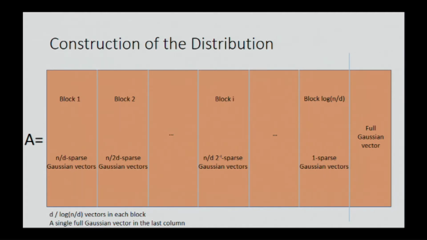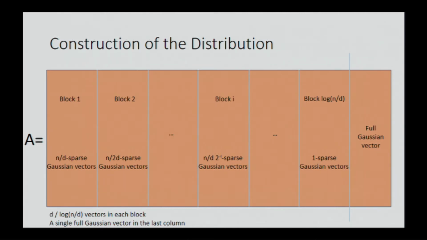In the first block, the vectors are n over d sparse, so they have n over d non-zero entries chosen uniformly at random, and on those entries they're random Gaussians. That's the first block.